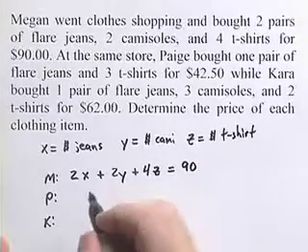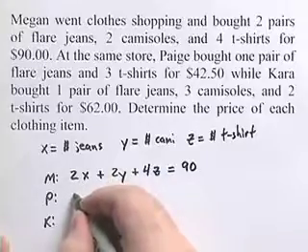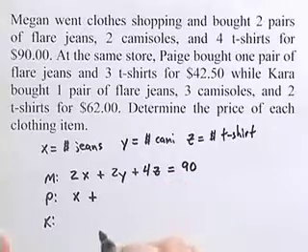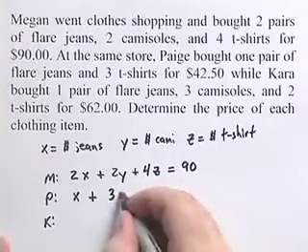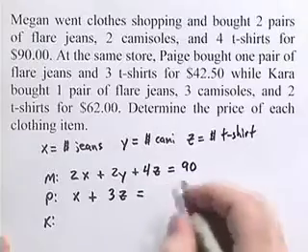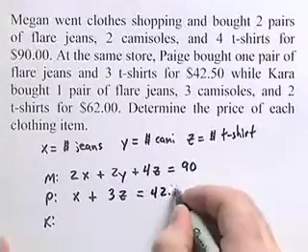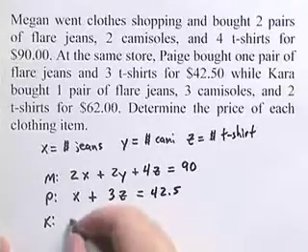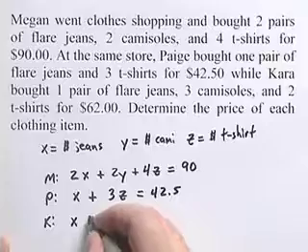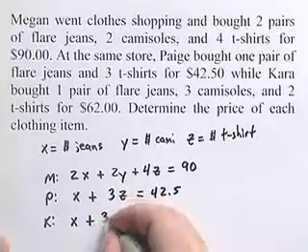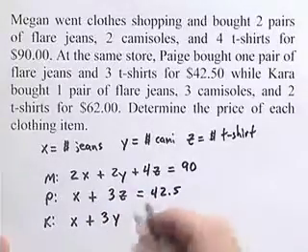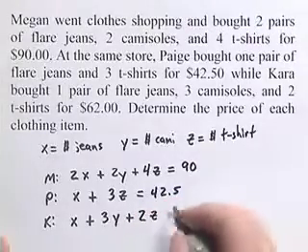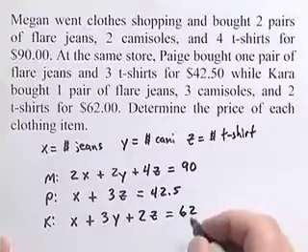Paige bought 1 pair of flare jeans, so she spent x dollars on jeans, plus she bought 3 t-shirts, so that's plus 3z, for a total of $42.50. Kara bought 1 pair of flare jeans, so she spent x dollars on jeans. She bought 3 camis, so she spent 3y on camis, and 2 t-shirts, so plus 2z on t-shirts, for a total of $62.